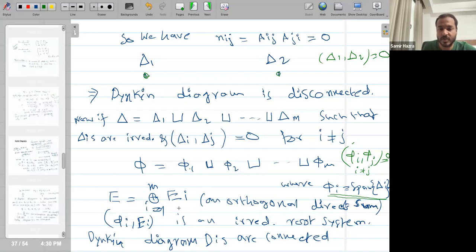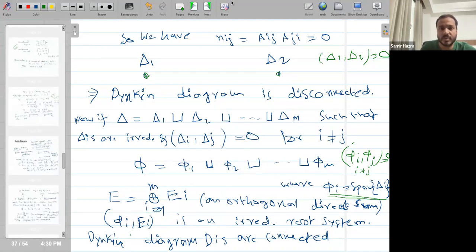Okay. So then what happens is that phi i, which was the span of delta i, in E i, is an irreducible root system. So basically, then the Dynkin diagram, what happens to the Dynkin diagram? The Dynkin diagram of each of these components is connected because this is irreducible.